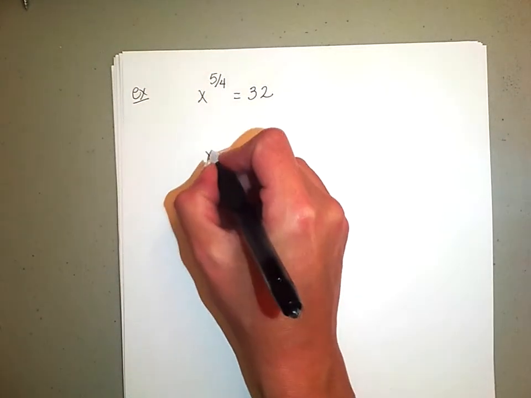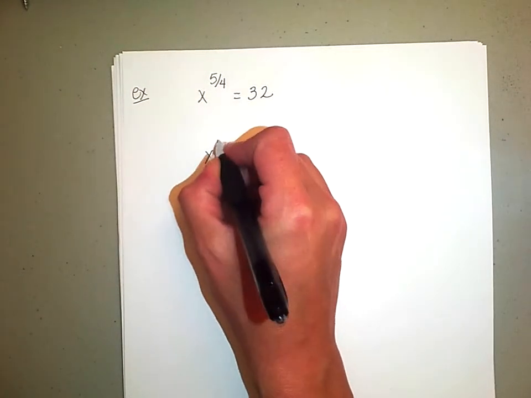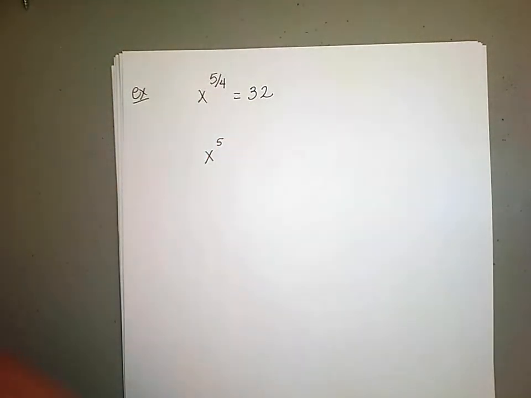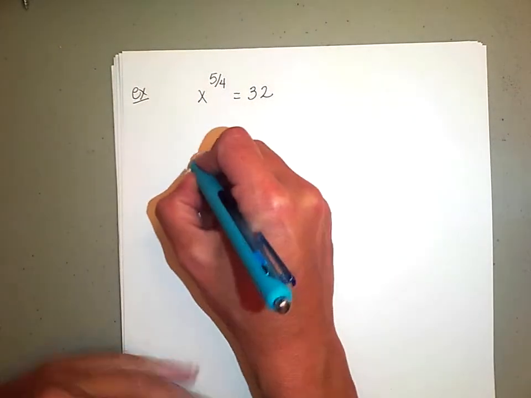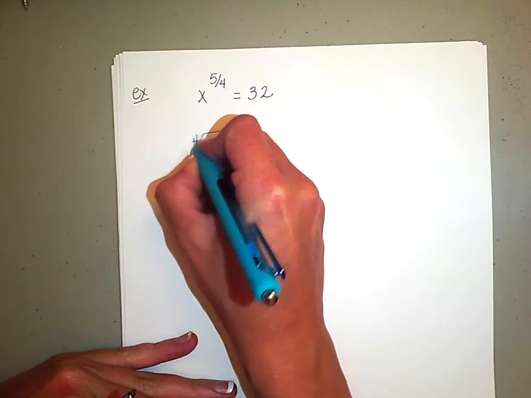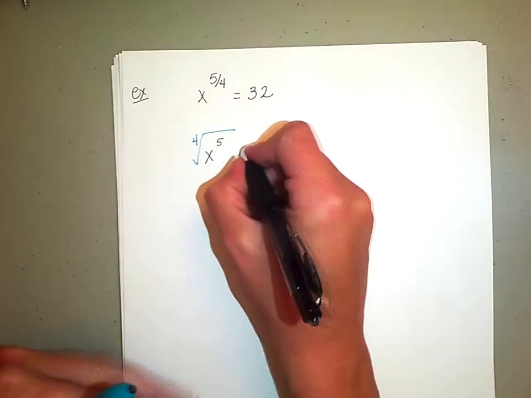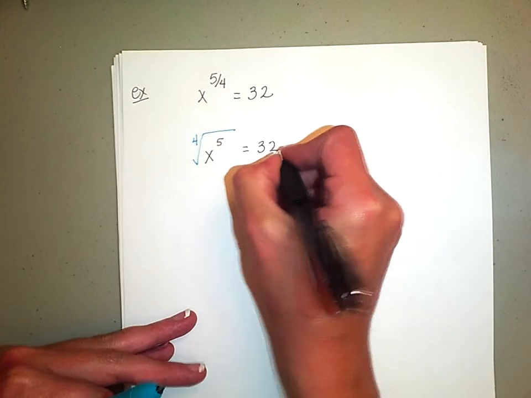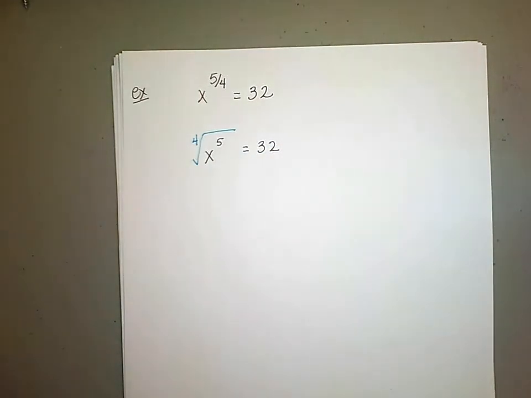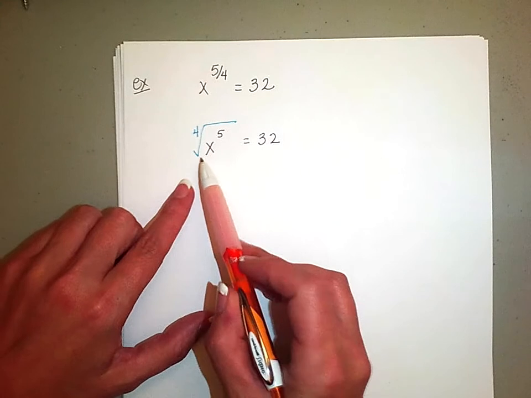So if I rewrite this, this is x to the 5th, the 4th root of that, will be equal to 32. Now the way I can solve this is I want to get to x.